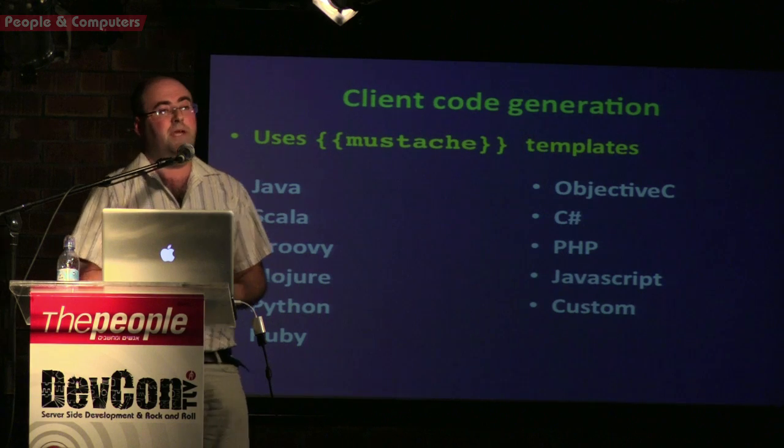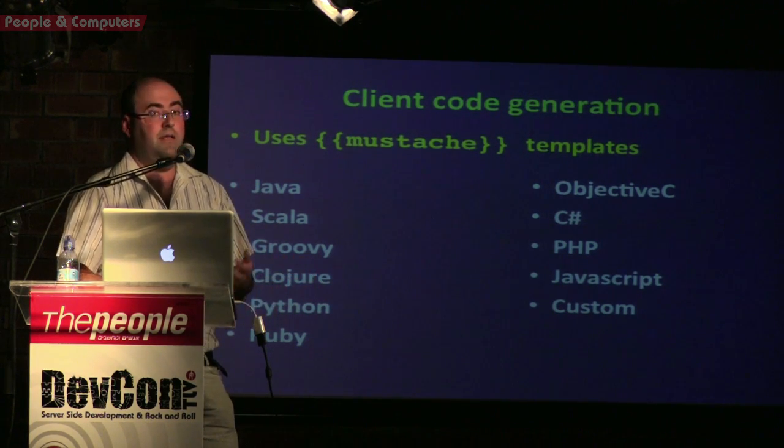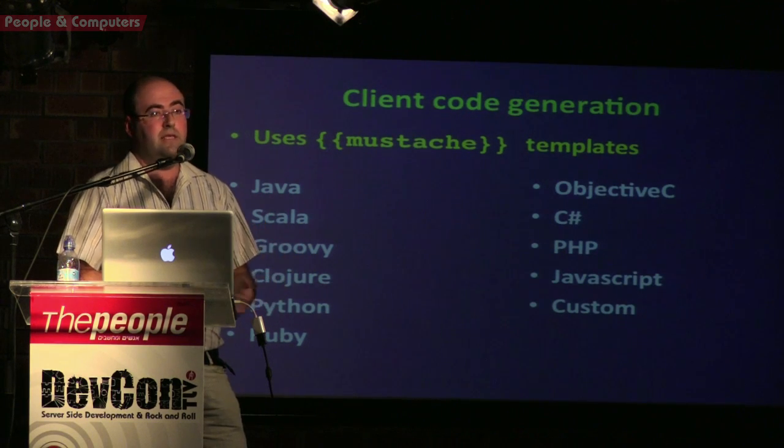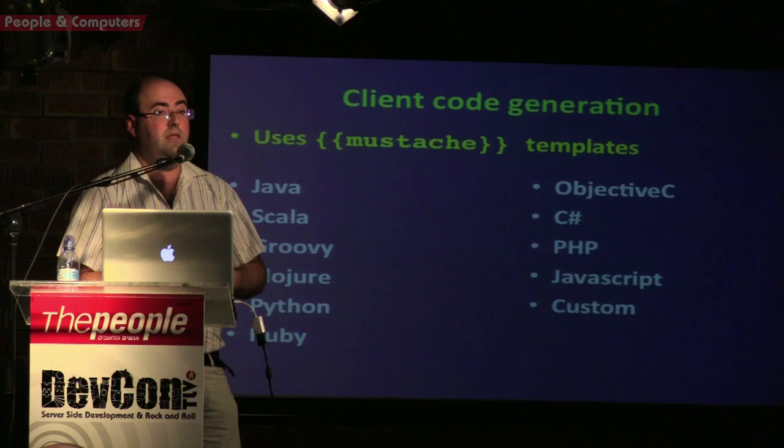For client code generation, Swagger uses Mustache templates. There are already utilities to generate client code in Java, Ruby, Python, C#. You can write your own custom templates.